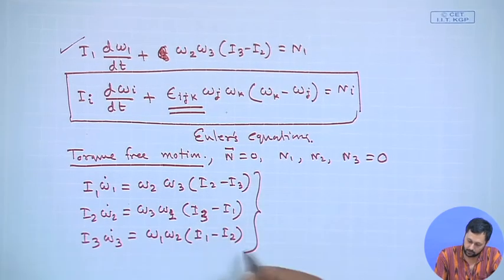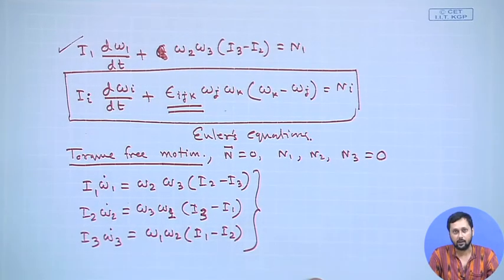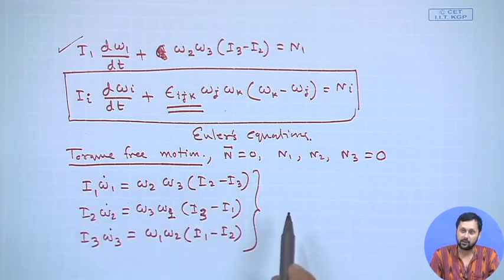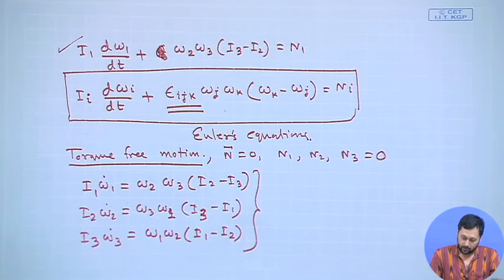So, these three are the equations we have in hand. That is for torque free motion in the principal axis system, right.